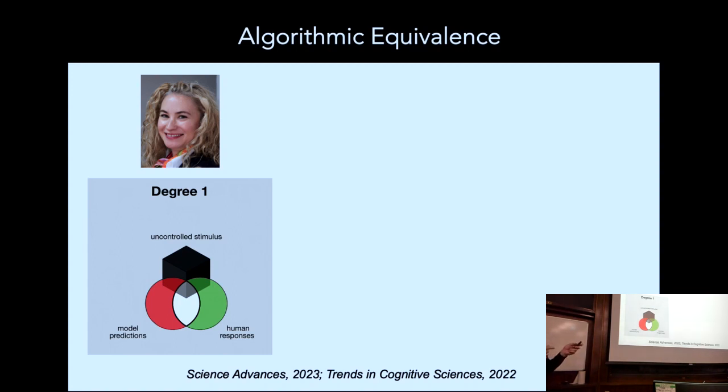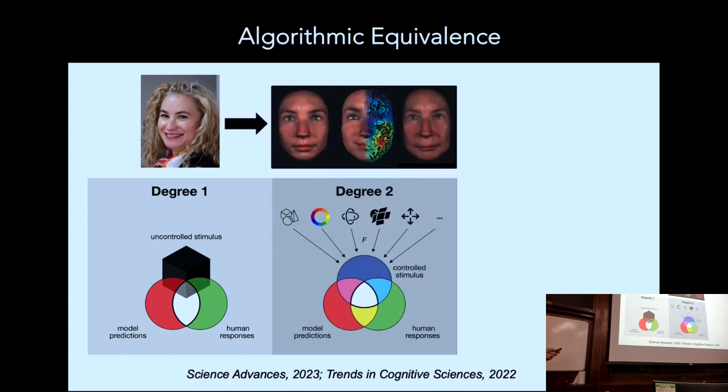To move to causal models, instead of just predictive ones, we have to make a step change, which is to take this face and parameterize it. For example, via a 3D face scanner. And then we can start to play with features of shape, as you see here, features of complexion, features of rotation, illumination, translation, and so on and so forth.